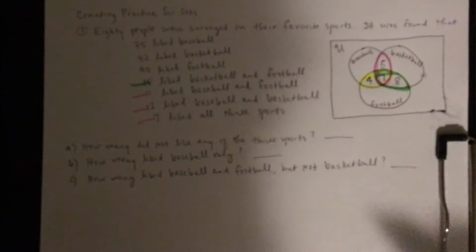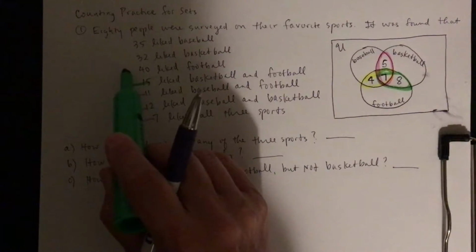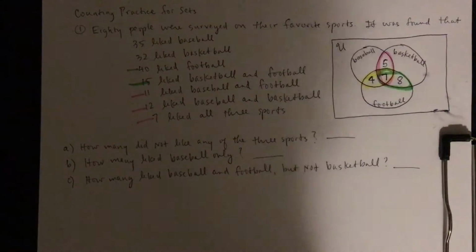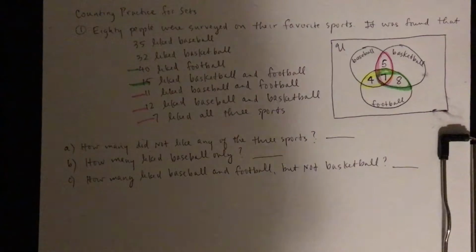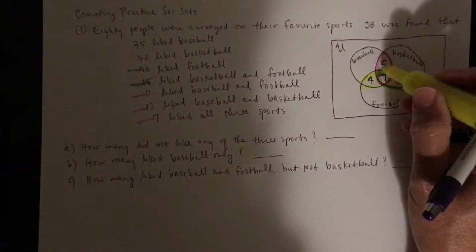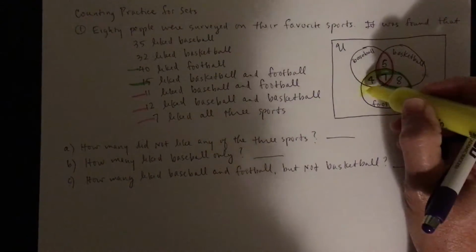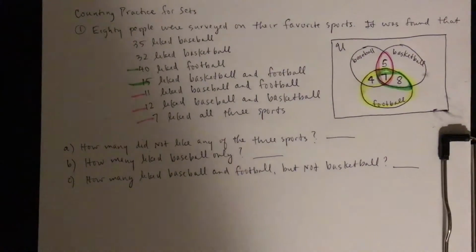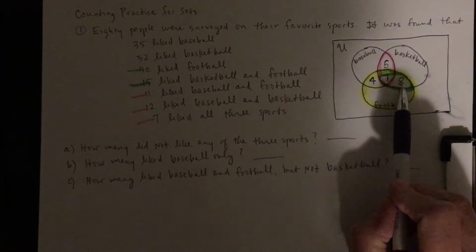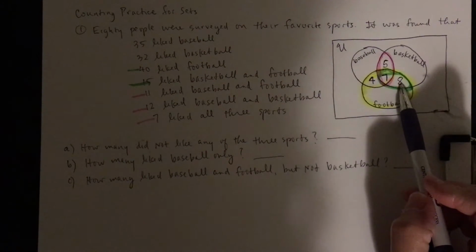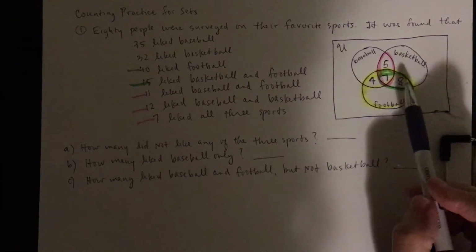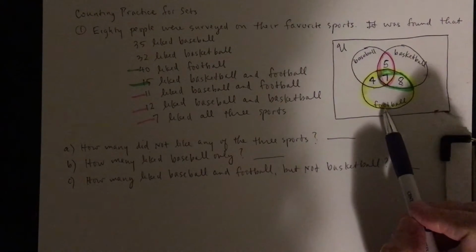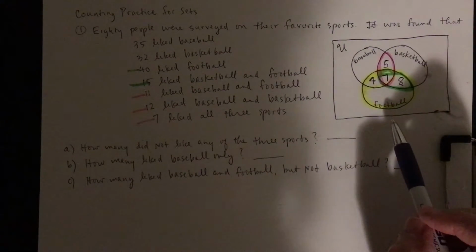Moving up the chart, I get to see 40 liked football. Now we have to find the football circle, and I see that it's this bottom circle right here. 40 people liked football. In the football circle, we've already counted some of them. We have 8 who liked basketball and football, but not baseball. 7 who liked all 3, and 4 who liked baseball and football, but not basketball.